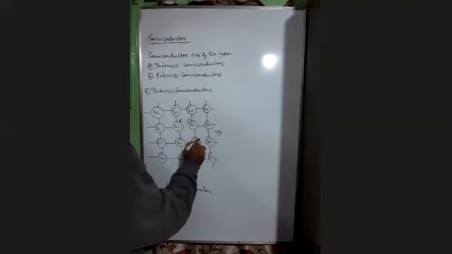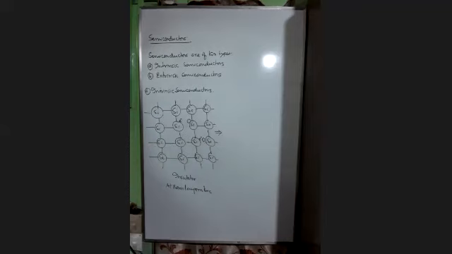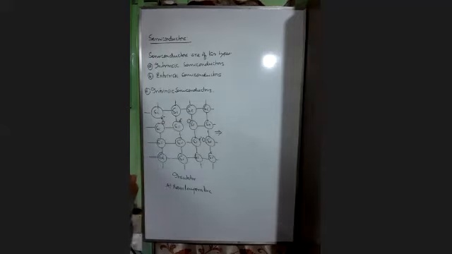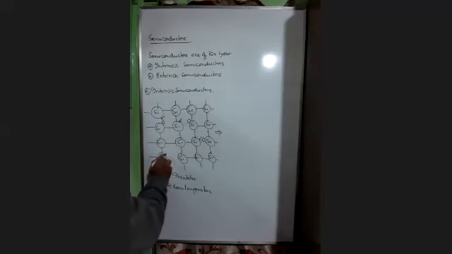Similarly, it may happen here and hole. Okay. Now it can happen here. An electron is there, the hole is here. Okay. Then an electron is here and hole is here.